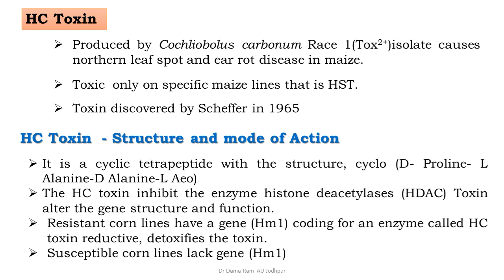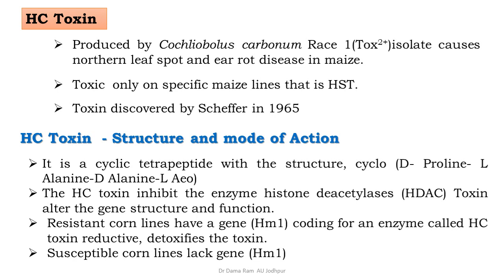By this the toxin alters the gene structure and function. So inhibition of deacetylase also affects the expression of defense genes, allowing fungal activity to progress and penetrate the host.